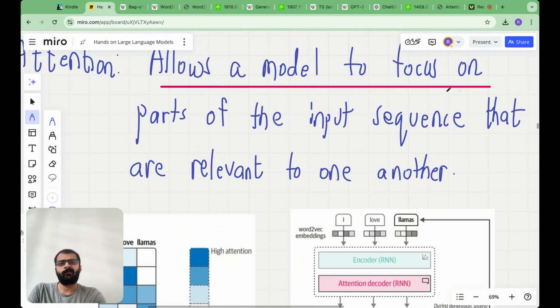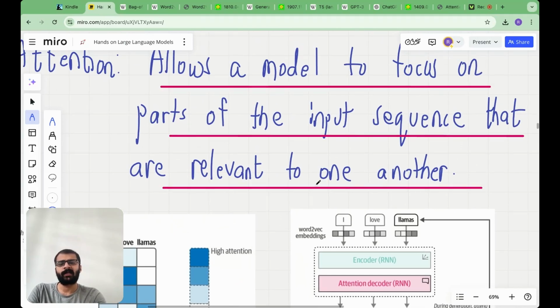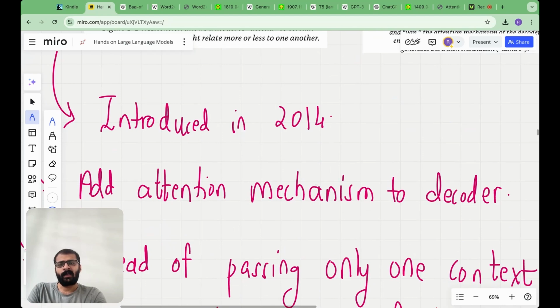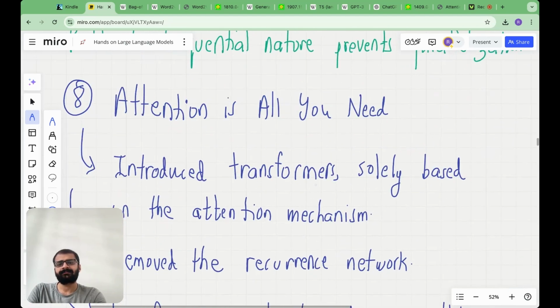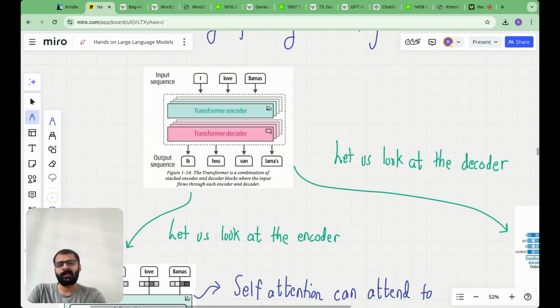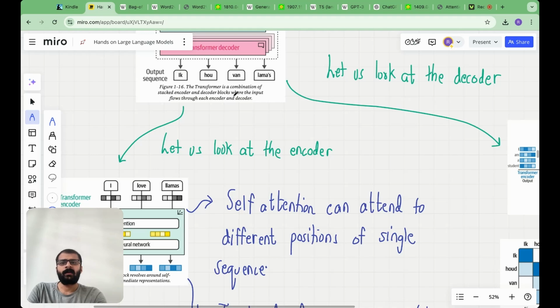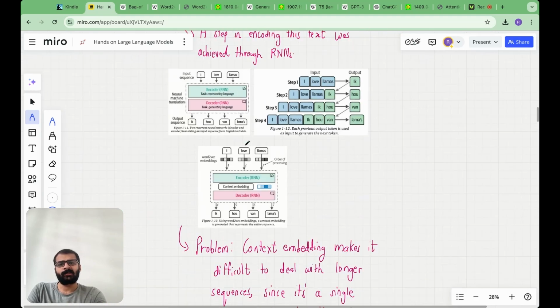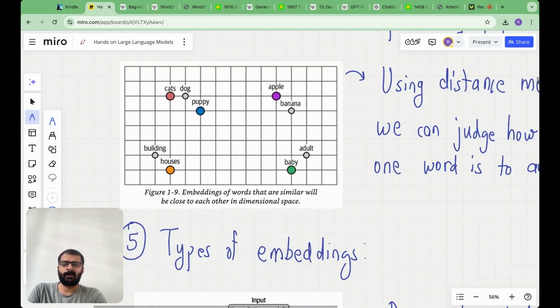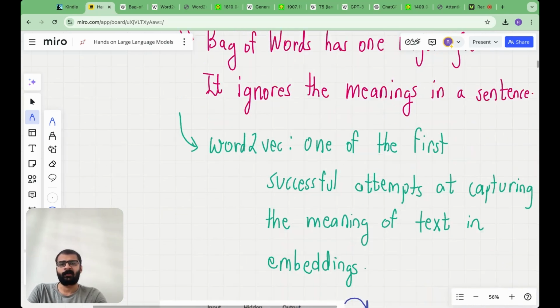Attention allows a model to focus on parts of the input sequence that are actually relevant to each other, and that helps in generating the next token. I'm not going into too much detail of the attention mechanism here because I plan to cover that also in the subsequent lectures.